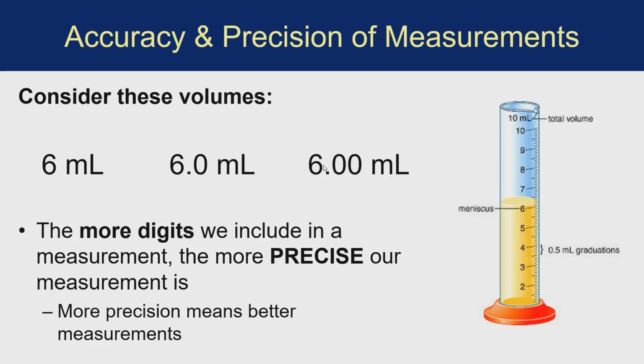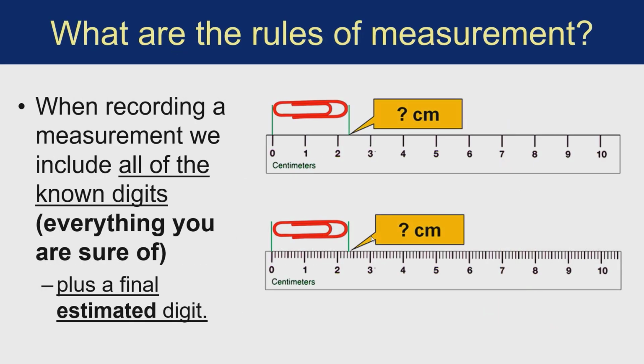And more precision means better measurements means better data, and when our data is good, we have a better experiment. But the truth is, when you are using an instrument in the science lab, you can't always just go willy-nilly and put down whatever number of digits after the decimal point that you want.